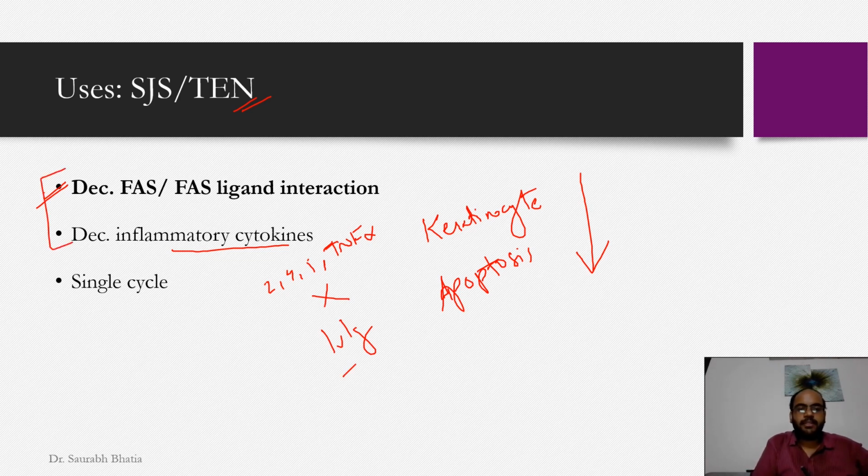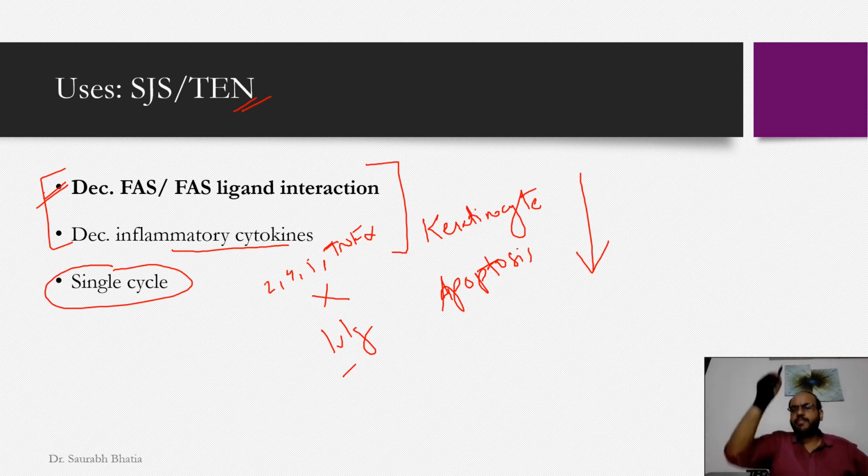So with these two features, the inflammation is decreased. Okay. Now, a single cycle is recommended. Why? Because we all know that SJS/TEN is a spike of inflammatory damage to the skin, majorly drug induced, or could be other causes also. So a single cycle is more than enough, because SJS/TEN usually doesn't last more than a month. Okay, so let's move forward.